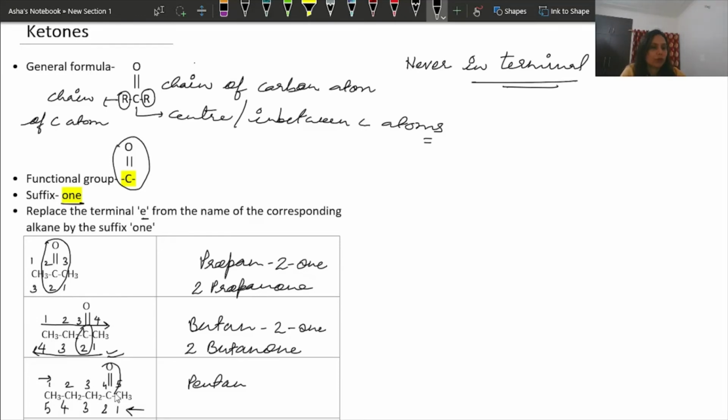So this is the ketone group here. In front to back counting, the ketone group is coming at number 4, but from back to front counting, in this counting, it is coming at number 2. So obviously we are going to take the backward one. So we will be writing pentanone, or you can simply write 2-pentanone. Right. Now let us see the next example here.